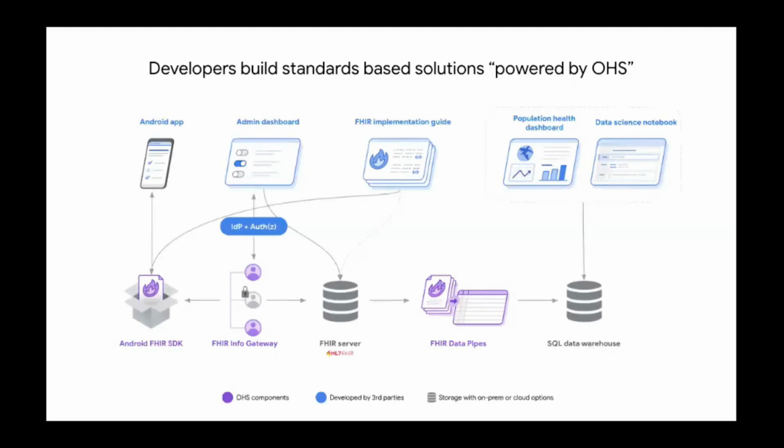It's a set of building blocks that can also be used individually. So for example, you might just want to use the Android FHIR SDK, or you might just want to use FHIR Data Pipes, right? But you can also use them together, and when used together, you can see that they form a nice backbone for a new digital health solution. You can also use these in existing solutions as well.